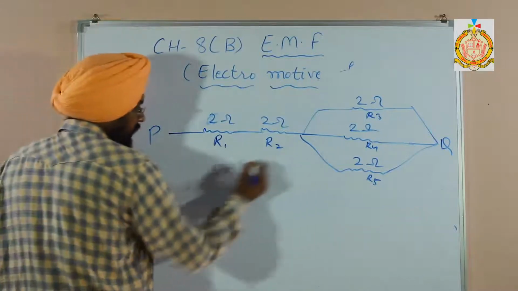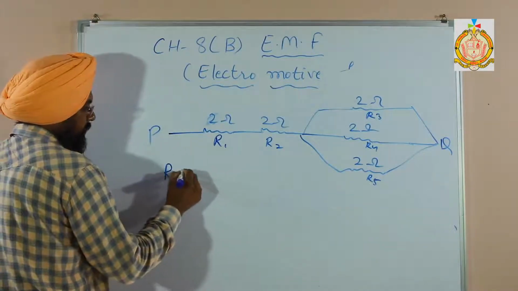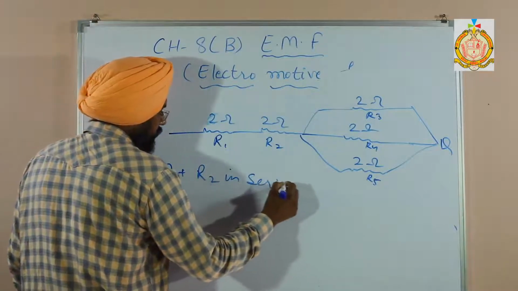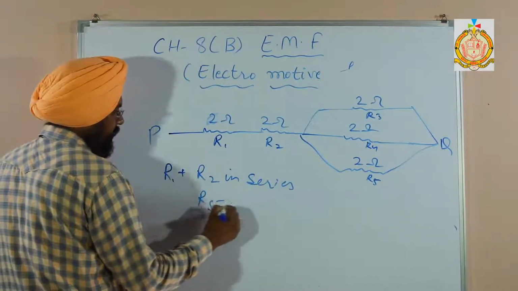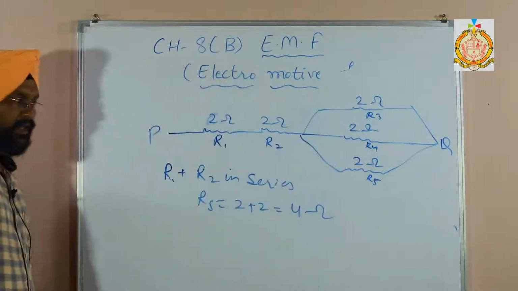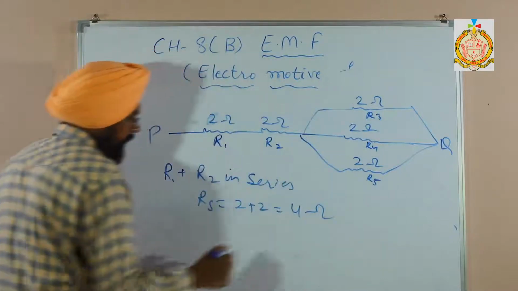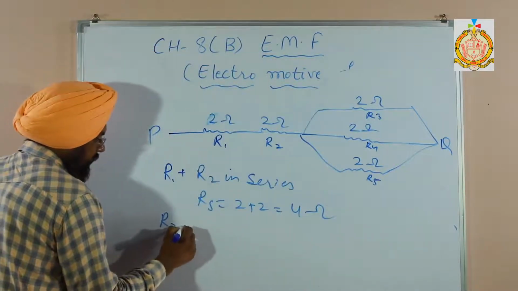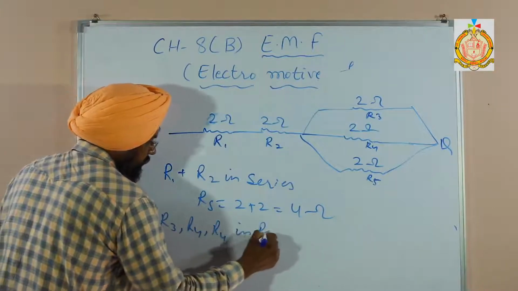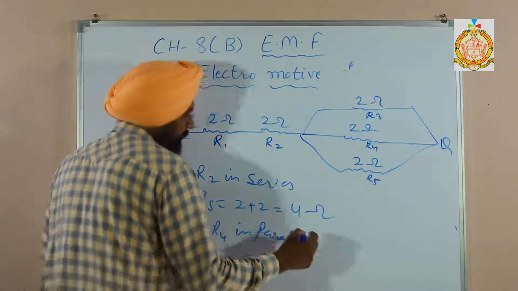First, R1 and R2 are in series. R series is equal to R1 plus R2, which is 2 plus 2, that is 4 ohm. Then R3, R4 and R5 are in parallel.